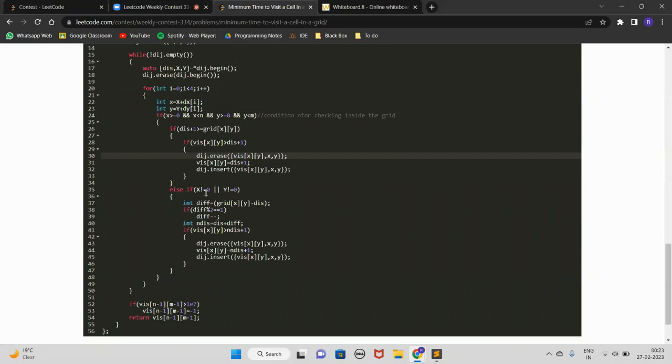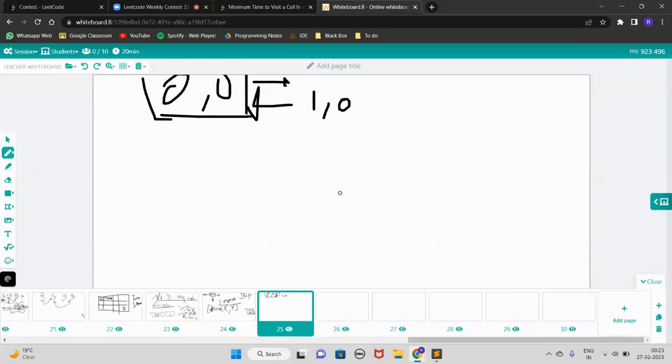Else if x is less than or equal to 0 and y is not equal to 0, int difference is equal to grid of x comma y minus distance. Next thing is that if difference mod 2, so this thing basically comes because while we are wasting time, it might happen that we waste more time than required.